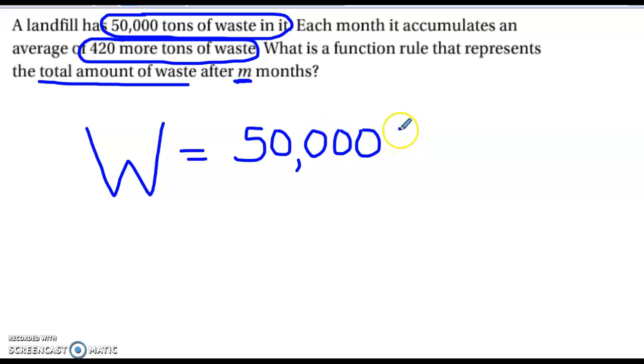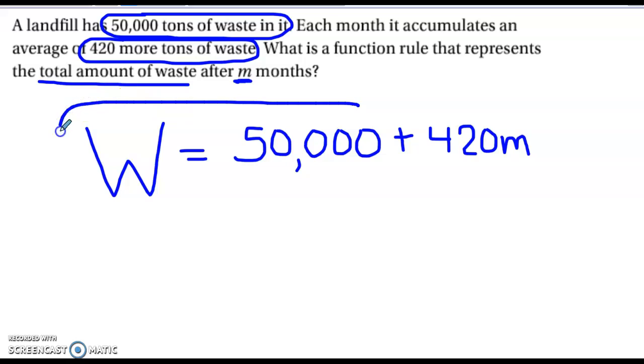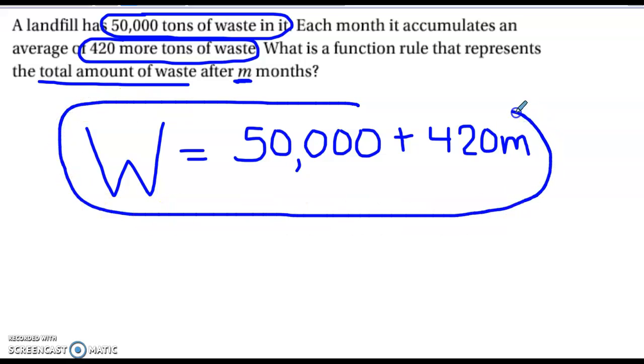So then we keep adding to that 50,000, 420 more per month, which would be m, right? So we have 50,000 plus 420m. The 50,000 does not get the m because that is what is constant. There's already 50,000 there. And then you keep adding 420 tons of waste to it each month.